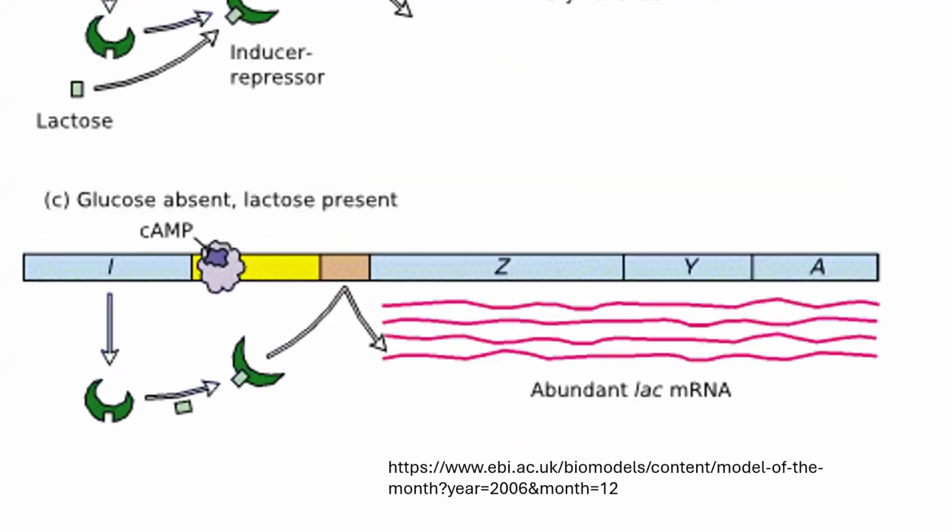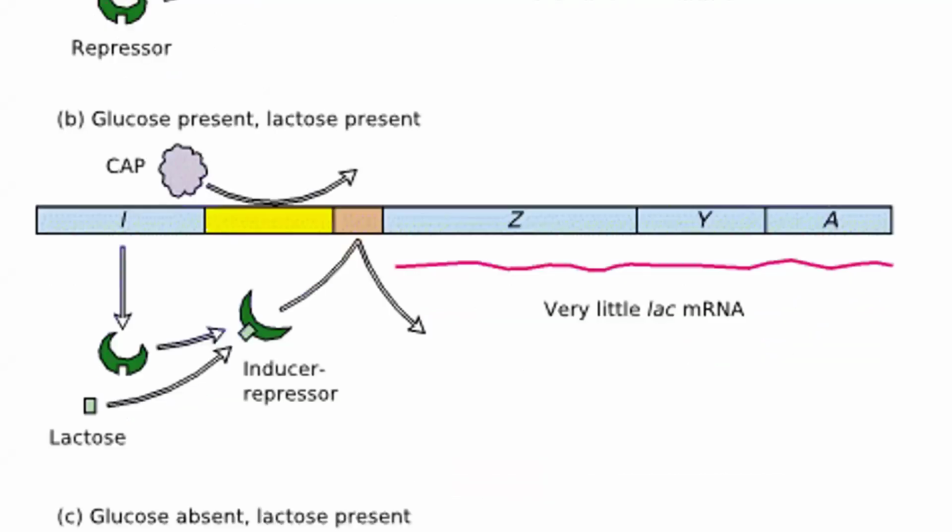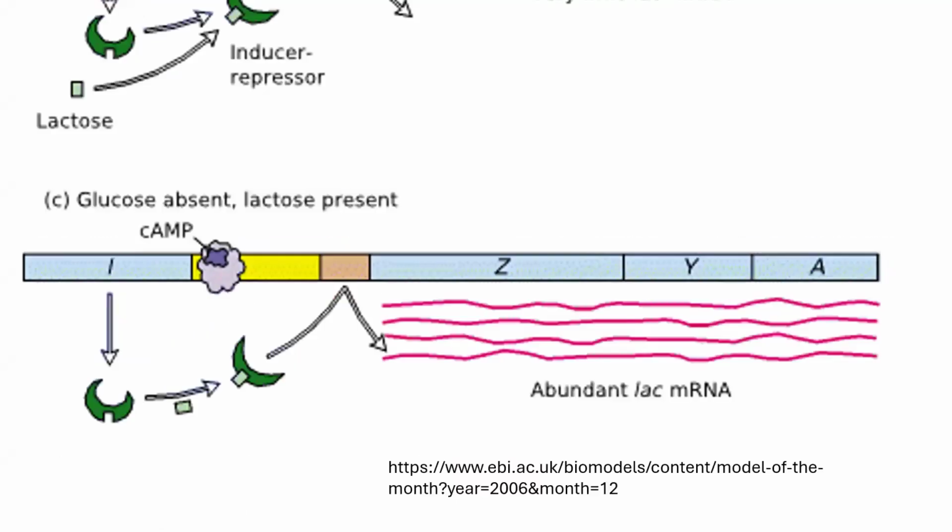But then in the third case, where glucose is absent and lactose is present, then you have the cyclic AMP that comes in and binds to the catabolite activator protein. And even though that little piece is there with the repressor, you end up getting abundant lac mRNA, you get the lac protein, and then you can go ahead and metabolize, get energy from lactose.